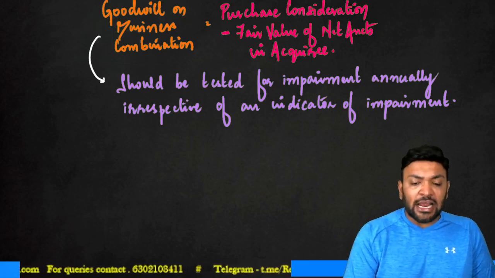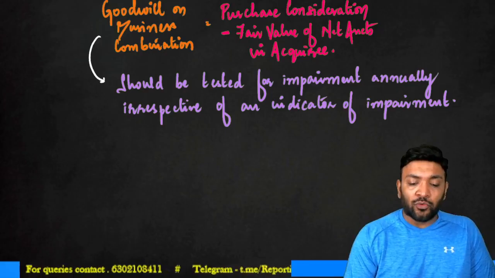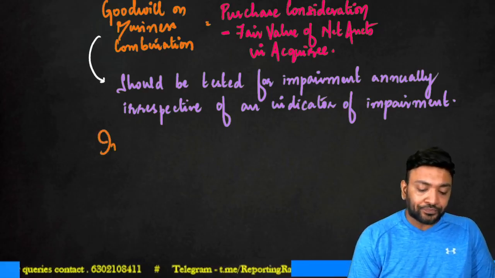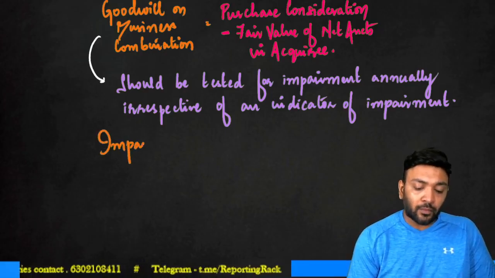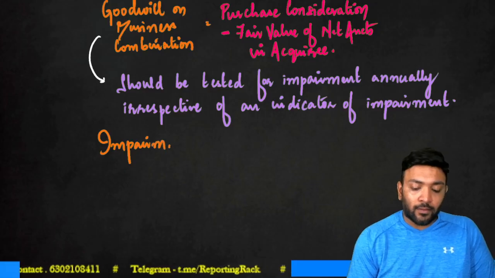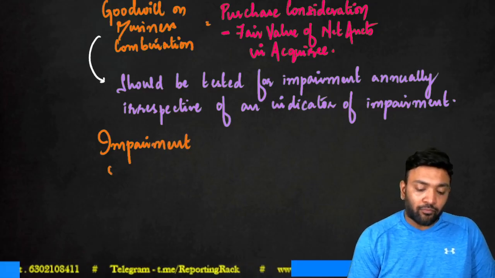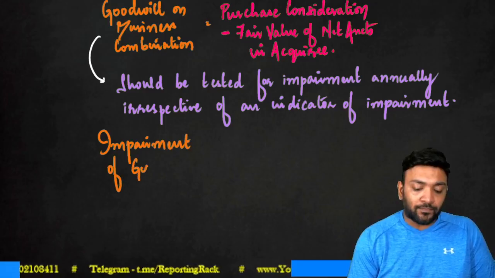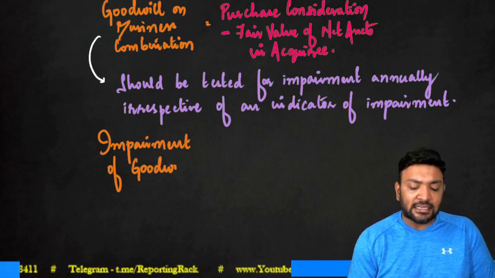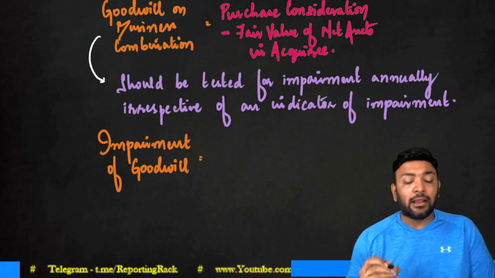Okay? When I talk about impairment of goodwill, applying Ind AS 36, how do you test for impairment?